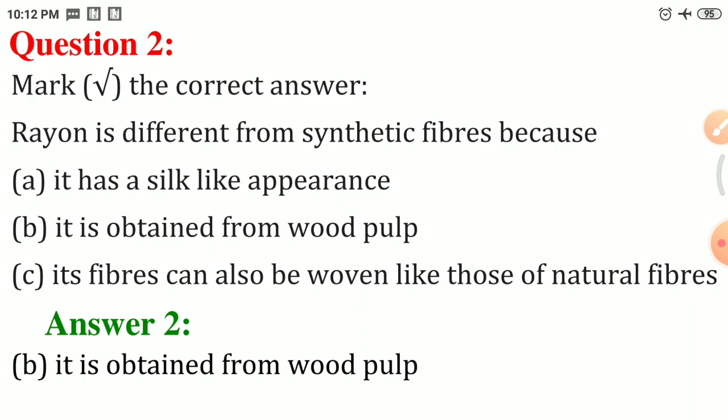Here, as we know, rayon was obtained by chemical treatment of wood pulp. This fiber is called rayon or artificial silk. Although rayon is obtained from a natural source, wood pulp, yet it is a man-made fiber. So it is different from other synthetic fibers because the raw material is a natural source, that is wood pulp. So the correct answer is B. It is obtained from wood pulp.